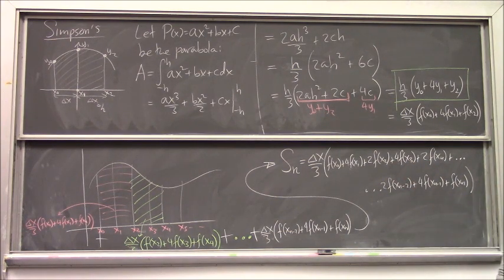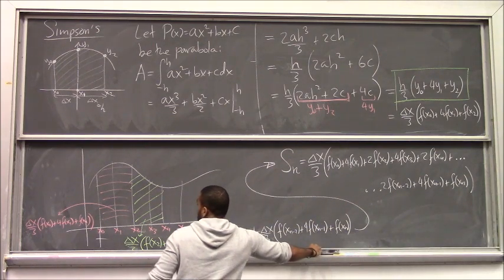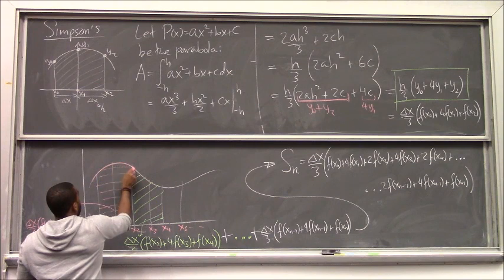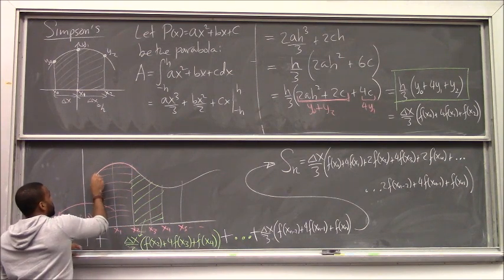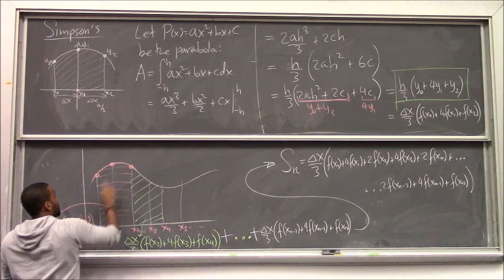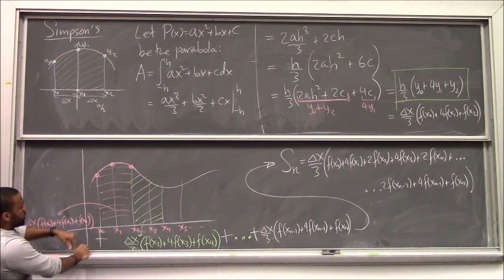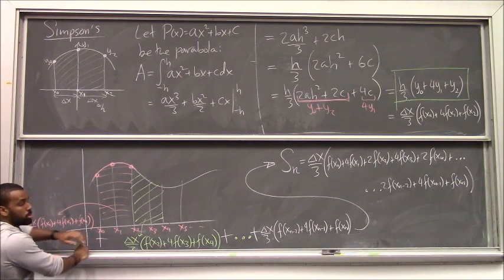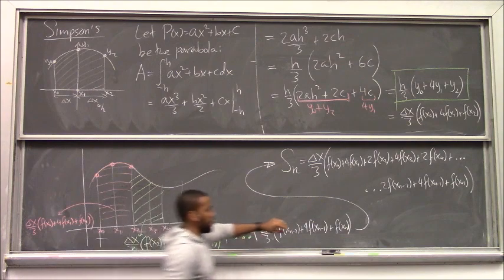Another thing that's peculiar to Simpson's Rule is that a single parabola takes up 2 subintervals. So a single parabola is 3 points. These 3 points span 2 subintervals, which means in order to span something with a bunch of parabolas, I will need an even number of subintervals. So that's going to be something that's strange.